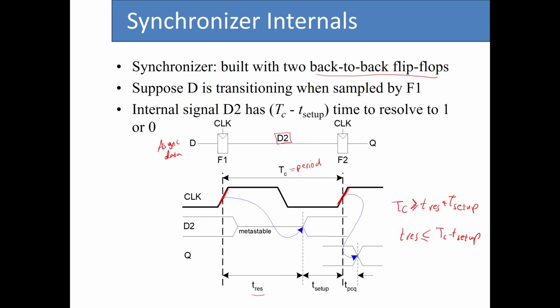But this is the constraint that we have for the resolve time. So now, based on this, basically the maximum value for the resolve time, we can rewrite the previous equation that we had for the probability of failure or probability of metastability.